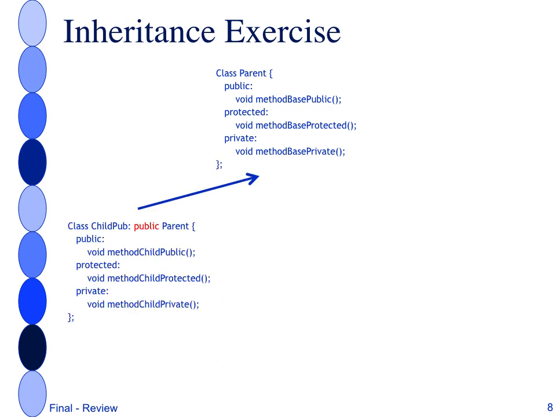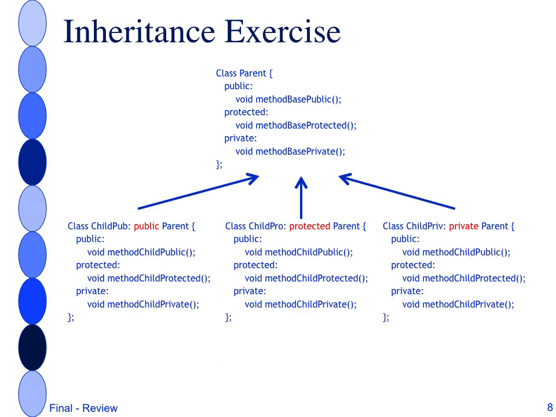So we inherit 3 classes, and then we use the identifier as public, protected, and private. So we have this child pub, child pro for the protected, and child private. So what we wanted to understand is what methods and objects can access based on those different types of access identifier the information from the parent.